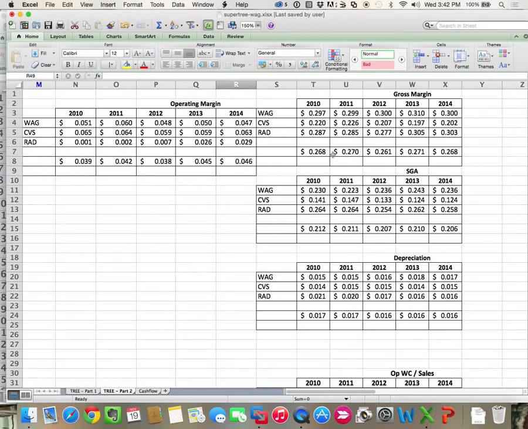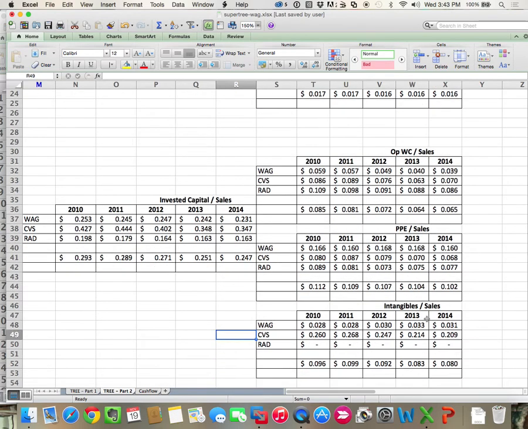So really the savings in this industry that led to the operating margin improvements happened at the SG&A level. So it was the SG&A savings at CVS and Rite Aid that really drove the industry profitability along with Rite Aid's gross margin. But at the industry level, it was the SG&A. Depreciation really didn't change. Productivity was across the board.